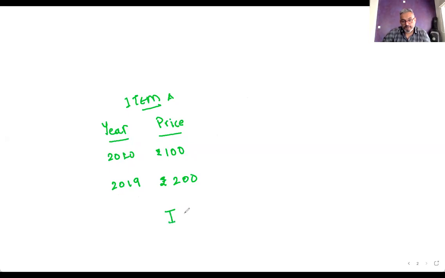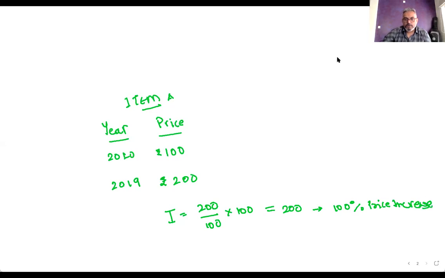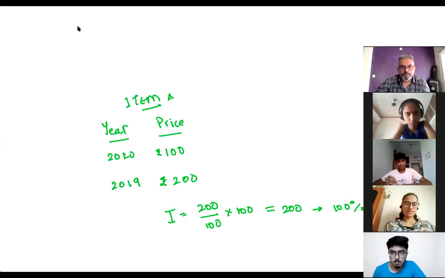Can you tell me what will be the index? 200 upon 100 into 100, which is equal to 200. So it means that there is a 100% price increase. You all agree with me?